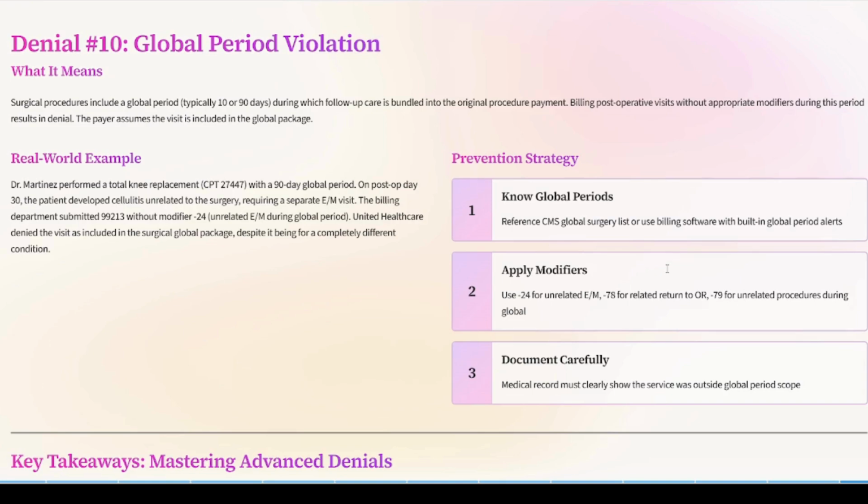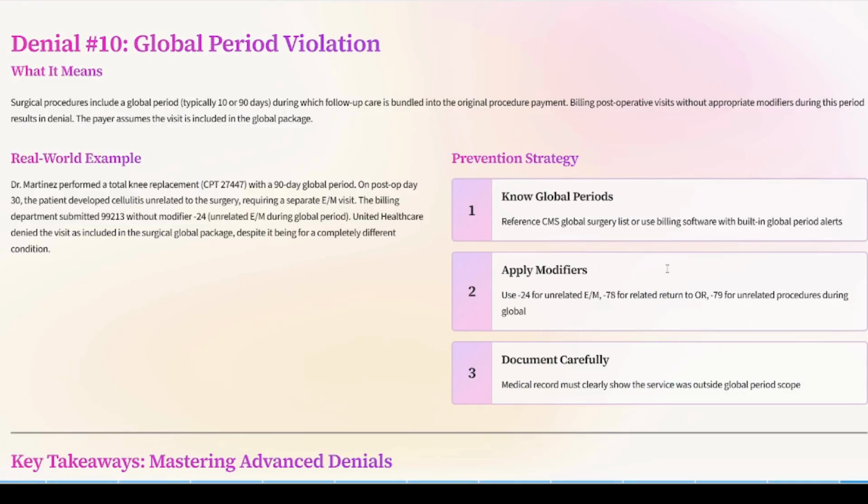The billing department submitted 99213 without the modifier 24, which signifies unrelated E&M during a global period. So, of course, United Healthcare denied the visit as part of the surgical global package, despite it being a completely different condition. Okay?